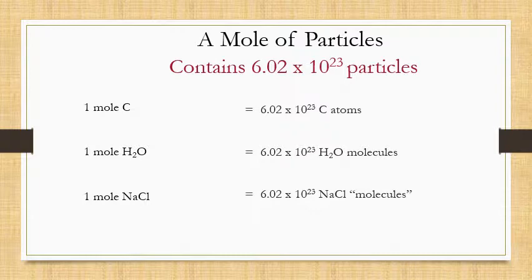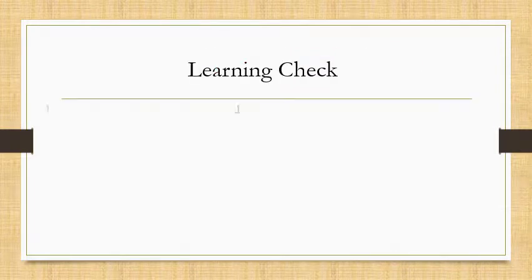I say the word molecules because really it's a giant lattice, as we learned last year when we looked at ionic bonding. It's just the simplest ratio, because it'll consist of 6.02 times 10 to the 23 sodium ions and 6.02 times 10 to the 23 chloride ions.